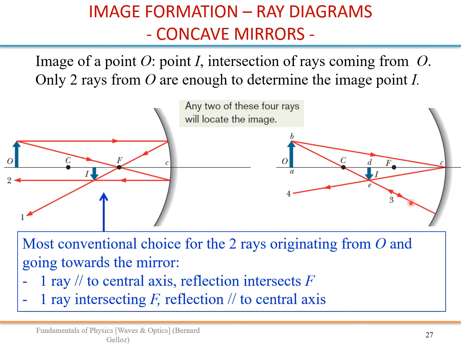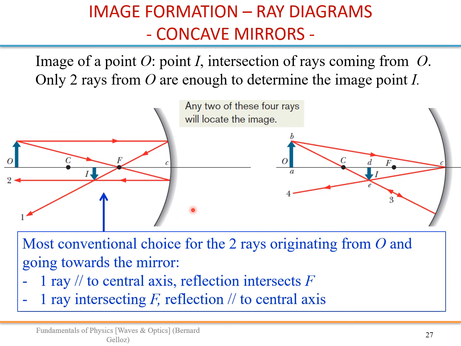So it will be reflected in the same direction, and the intersection of the two rays is the image of that point. The image of point B is point E here, and the image of point A will be point D. So the image of object AB will be DE here. All right.